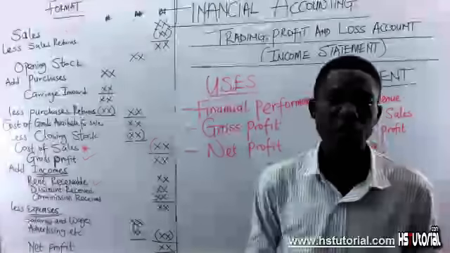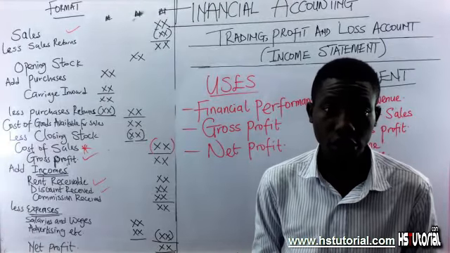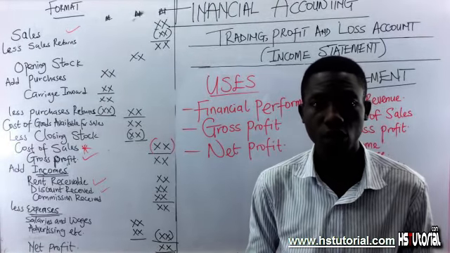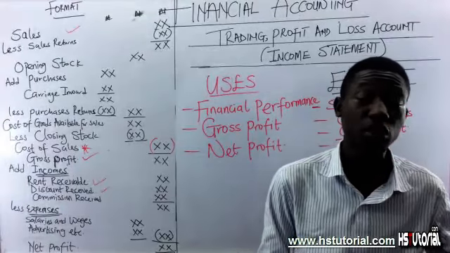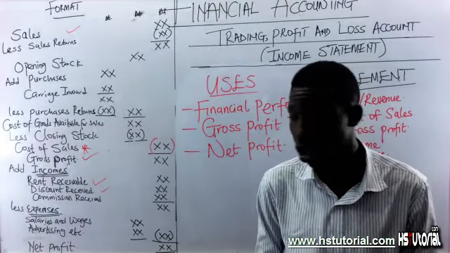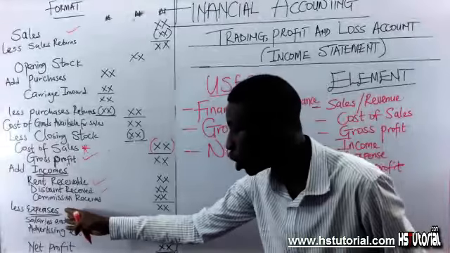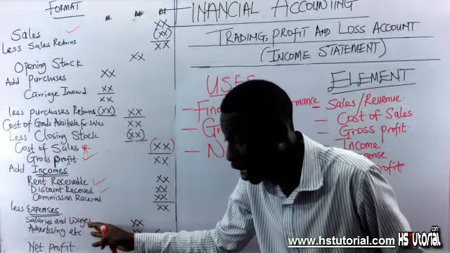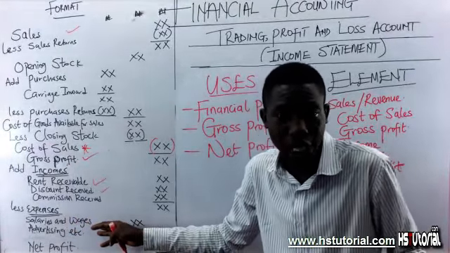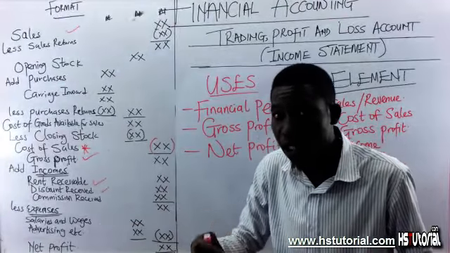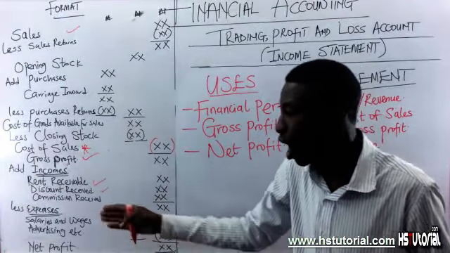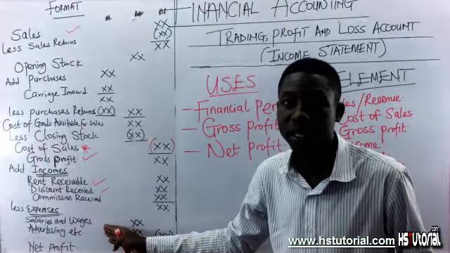Accruals are services that you have enjoyed that you've not actually paid for. So when you have accruals as part of the additional information in the question, you have to add the accrued expenses to the expenses.